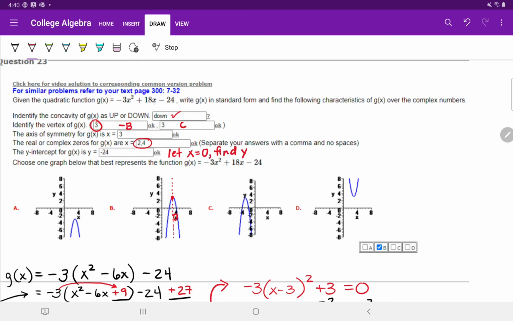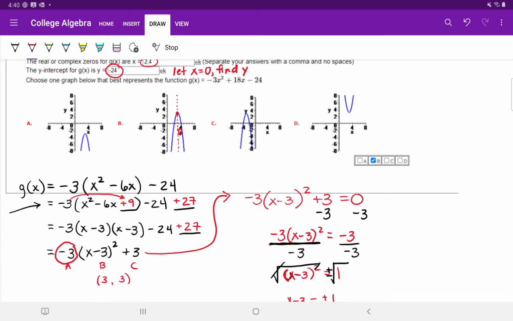So for this one, I'm going to use my original equation. In the original equation, if we let x be 0, this goes away, and we're just left with negative 24. So your y-intercept is always just the constant that's added at the end.